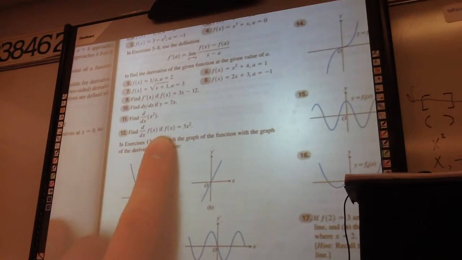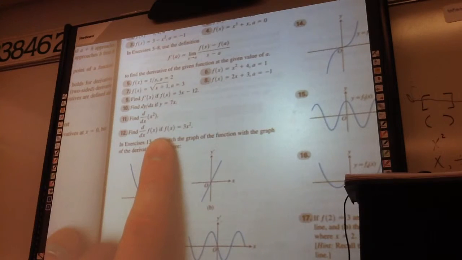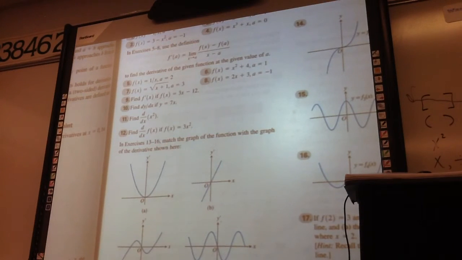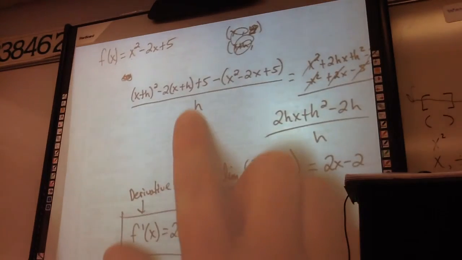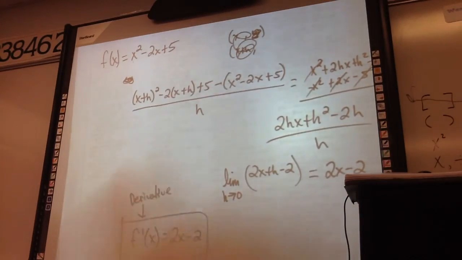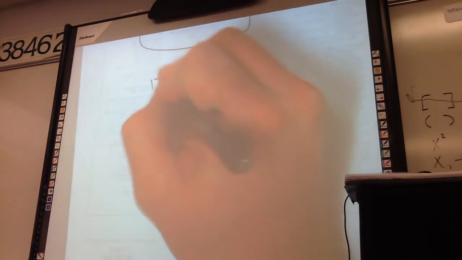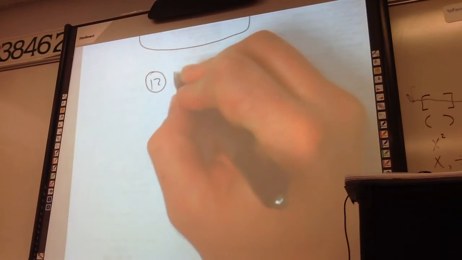Look at 12. It says just find the derivative if f of x equals 3x squared. So it's not giving a point. So you have to do it the other way then.